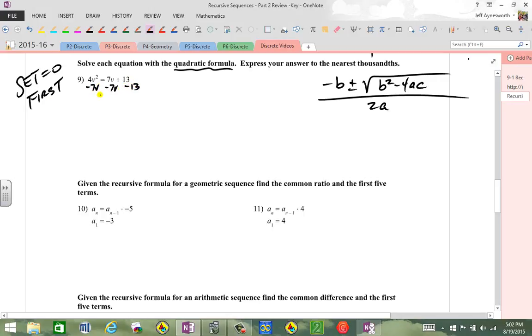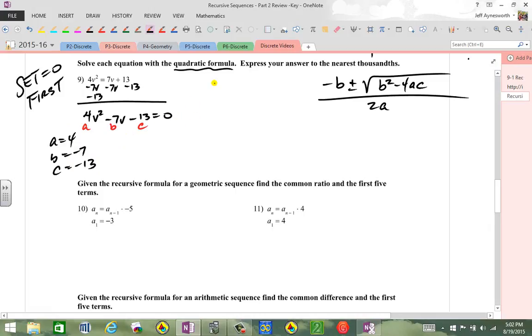Also means subtract 13. So I get 4v squared minus 7v minus 13 equals 0. A is 4, b is negative 7, c is negative 13. So let's see, a equals 4, b equals negative 7, c equals negative 13.